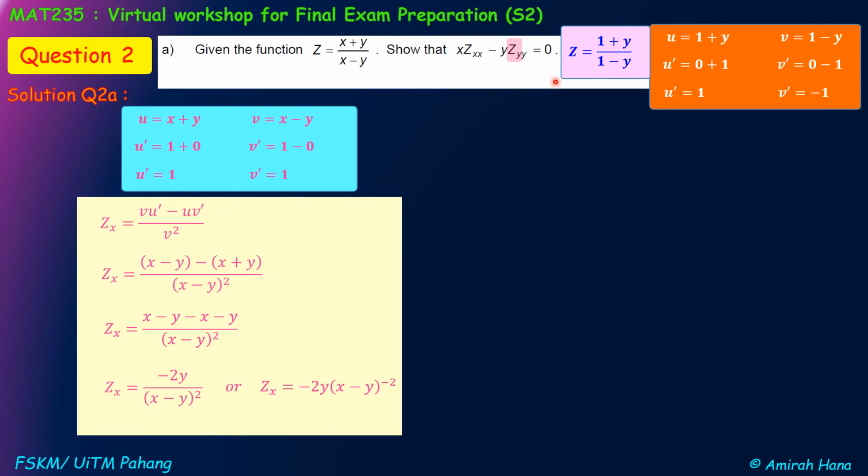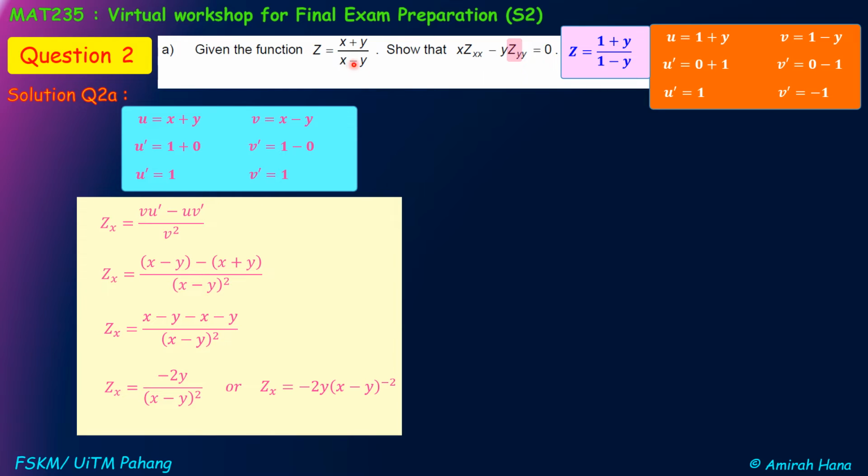We recall, if our z equals 1 plus y over 1 minus y, we treat x as a constant, let's say x equals constant 1. So to differentiate z with respect to y, which is zy, we need to use the quotient rule. And when we use the quotient rule, we need to define u and v, and then find u prime and v prime, right?